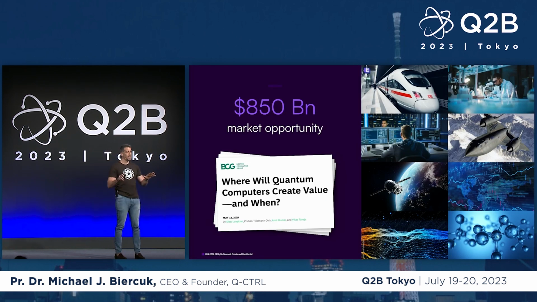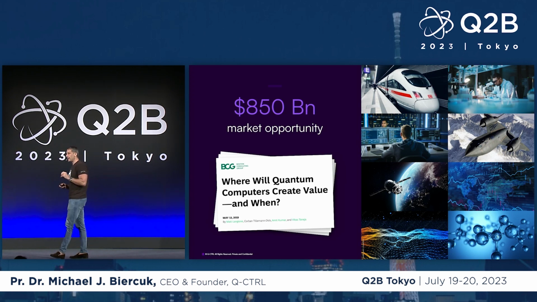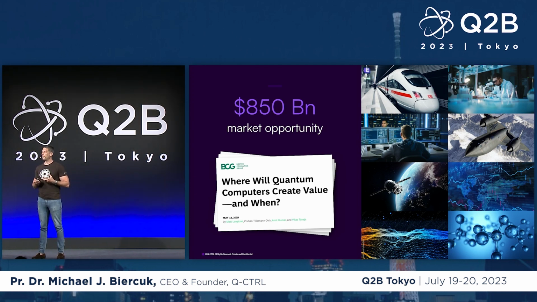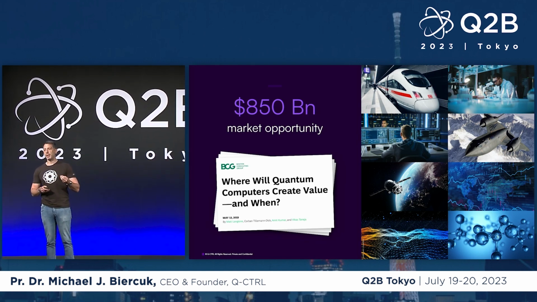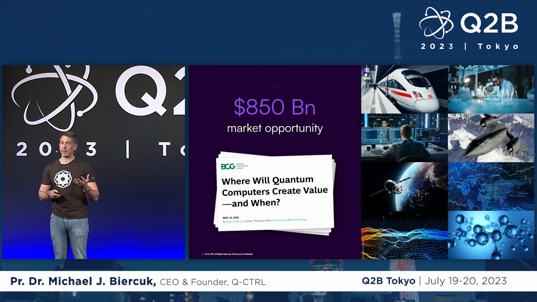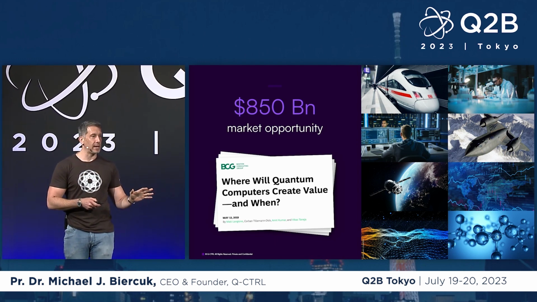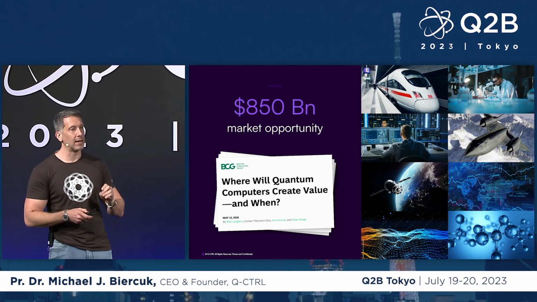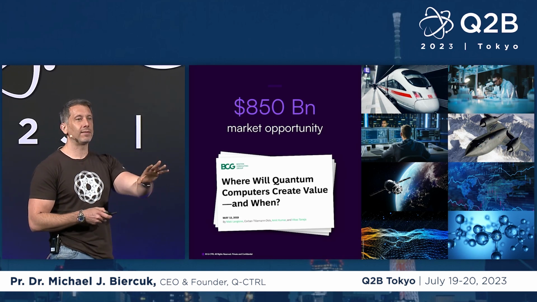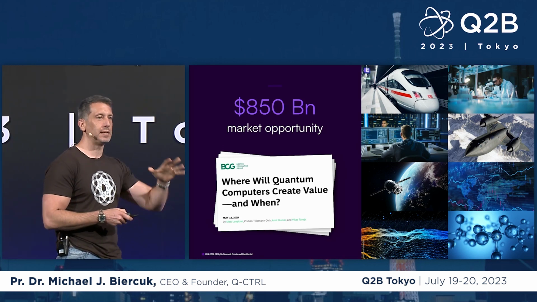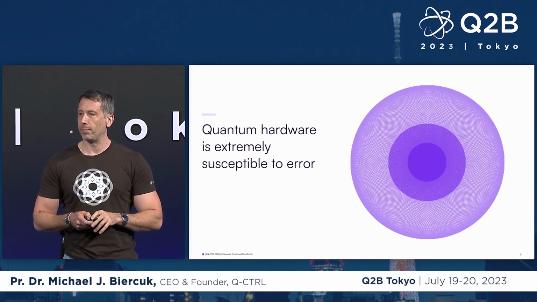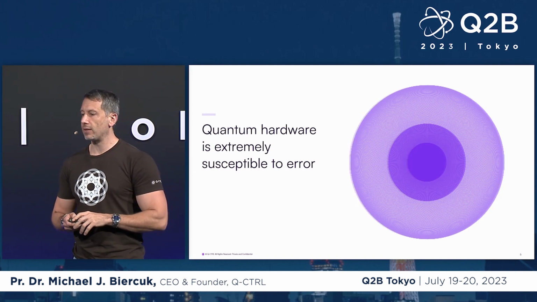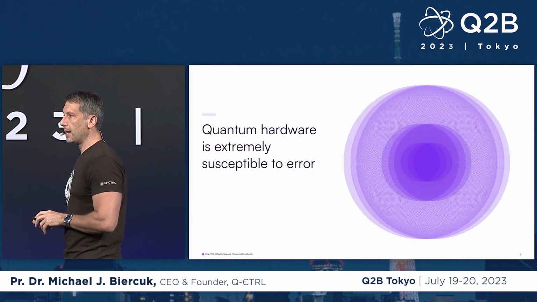Now, the reason we're all here, or at least the people who put up your hands, is that the Boston Consulting Group has identified an $850 billion market opportunity associated with the application of quantum computing in a variety of areas. Now, you've heard all about these different areas through the talks today, so I will not belabor them. Suffice to say that whatever your area of interest, from machine learning to finance, may be, you're all hung up on one problem. That is the fact that the hardware is unstable.